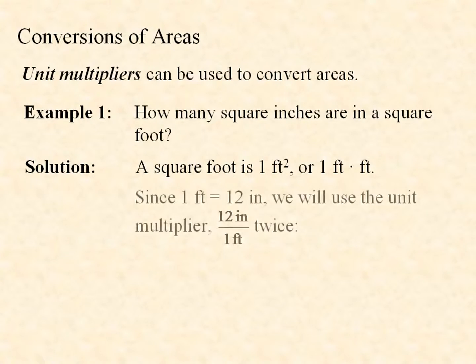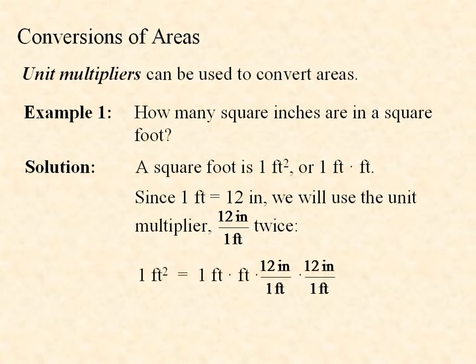Since 1 foot is 12 inches, we will use the unit multiplier 12 inches over 1 foot twice. Here we have it. The feet cancel in the top and the bottom. That leaves us 12 inches times 12 inches, which is 144 square inches.